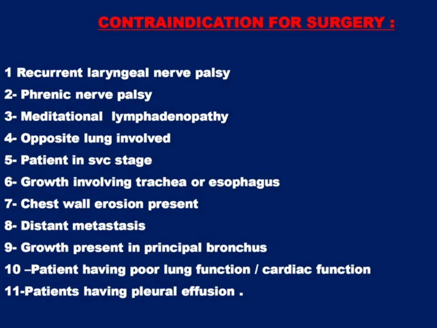But before the surgery, what you are required to do is the pulmonary function test. Forced expiratory volume 1 should be more than 1.2 liter, and the FEV1 by FVC ratio, forced vital capacity and forced expiratory volume ratio, if less than 75%, indicates obstructive lung disease and the patient is not deemed suitable for surgery.